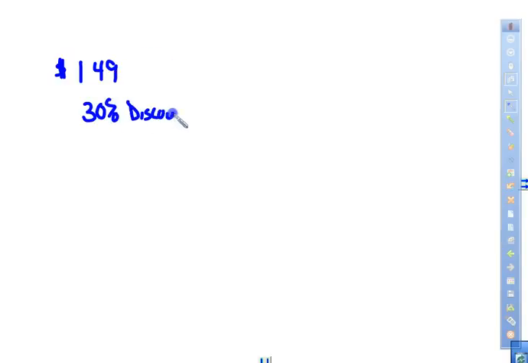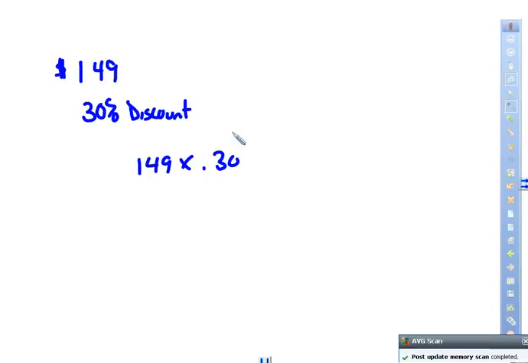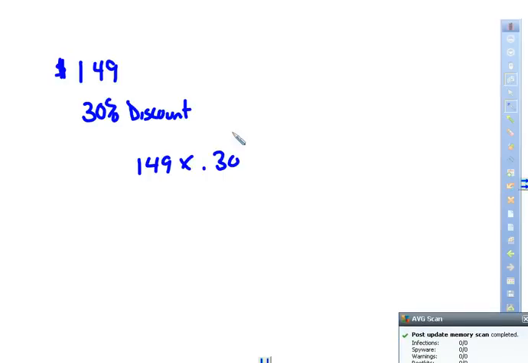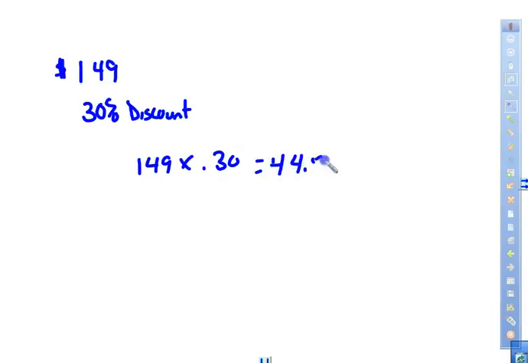For our discount, let's say we have a cell phone that is $149 and we have a 30% discount. So we are going to take my 149 times 0.30. When we take 149 times 0.30, you get $44.70.